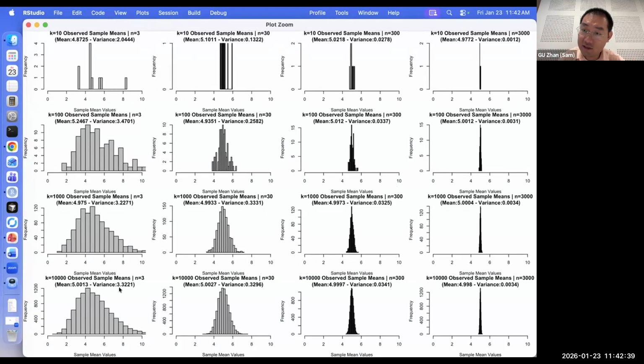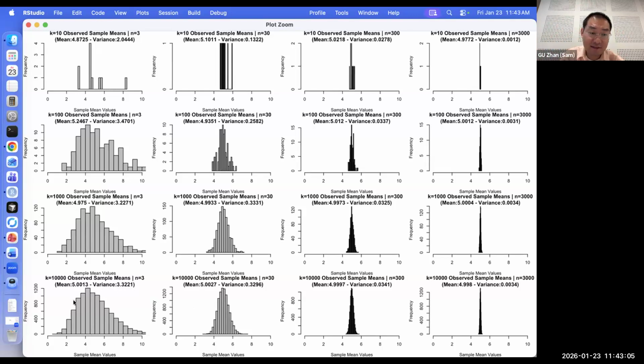The variance is the population variance of 10 divided by 3. 10 divided by 3 is 3.333, so it is aligned to the observation. The actual variance of the sampling distribution is 3.333.